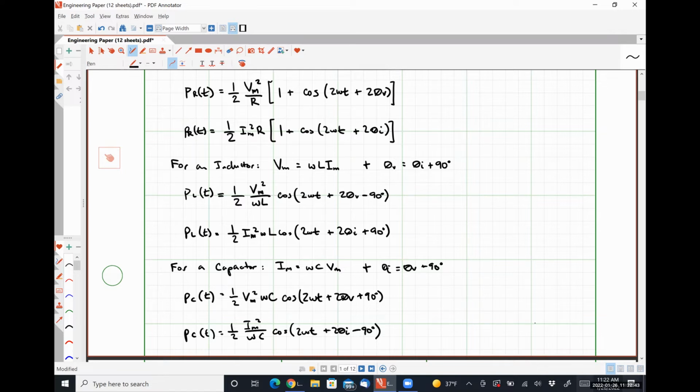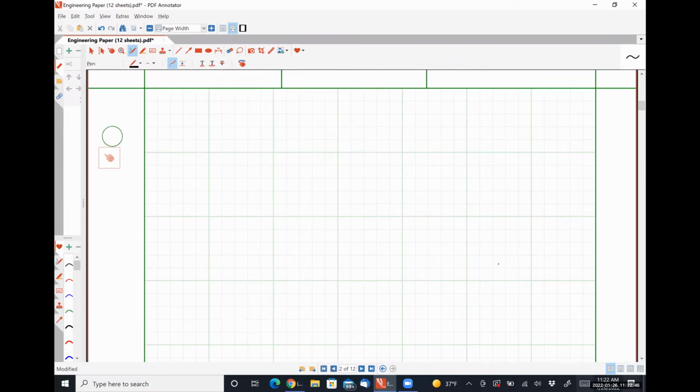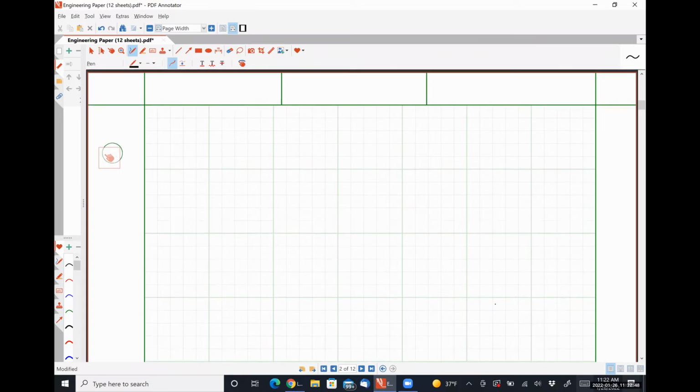Okay. So let's take our generic element slash network.